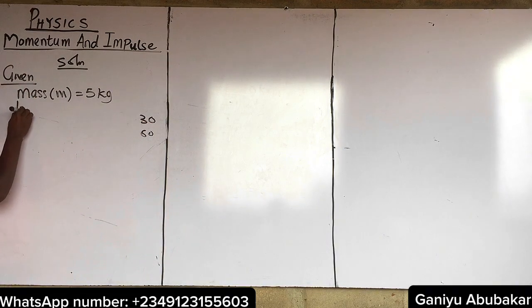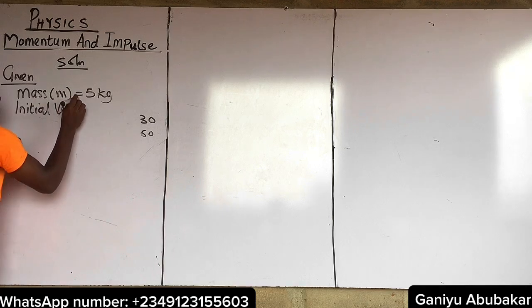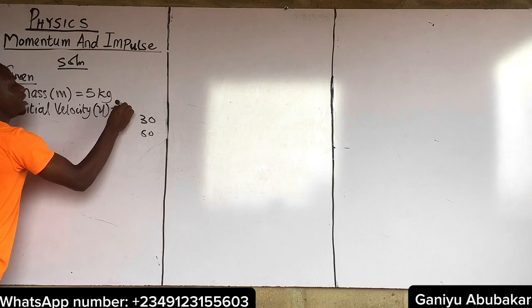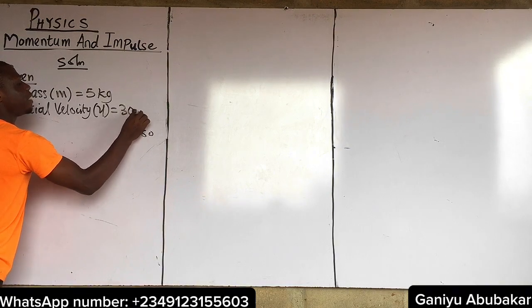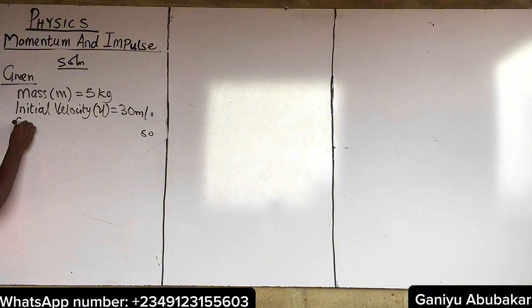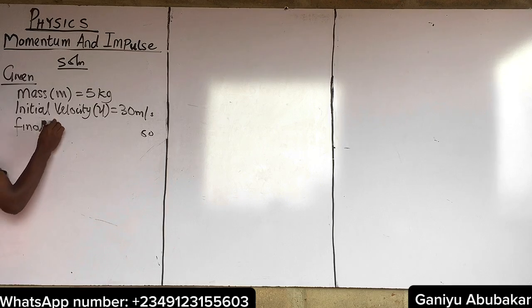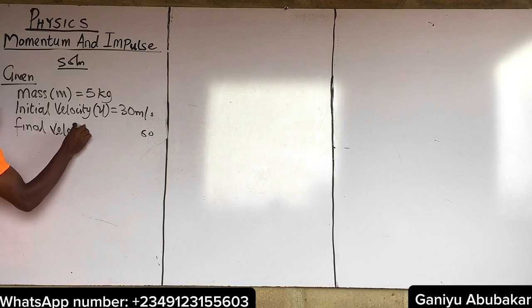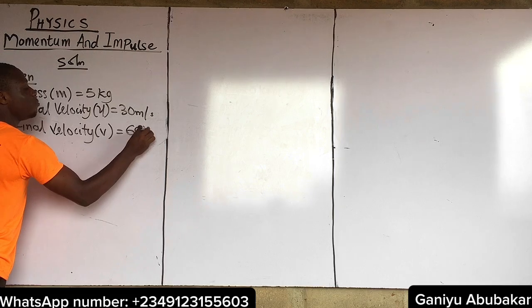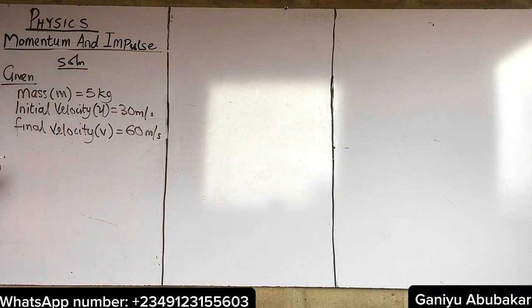So I'm having initial velocity, that's u, equal to 30 meter per second. Also, I'm having final velocity, that's v, equal to 60 meter per second. All right.